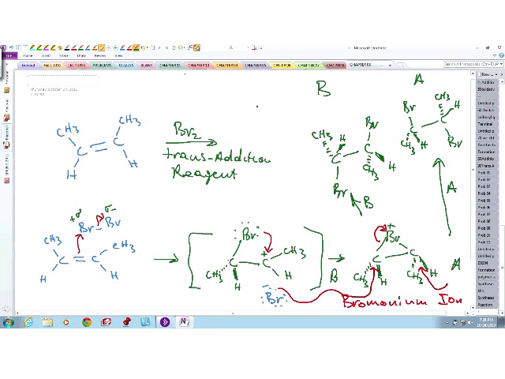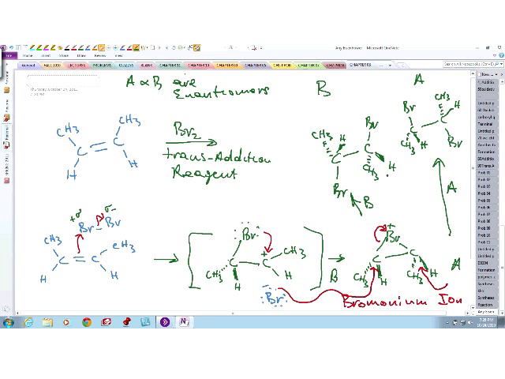We call this compound B and compound A. A and B are enantiomers, and this mixture here will be optically inactive.